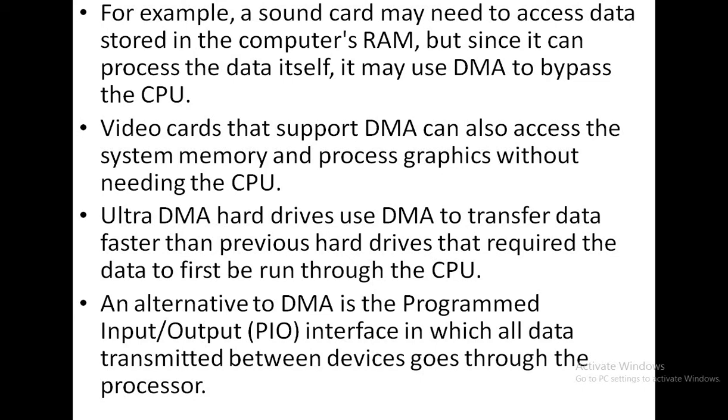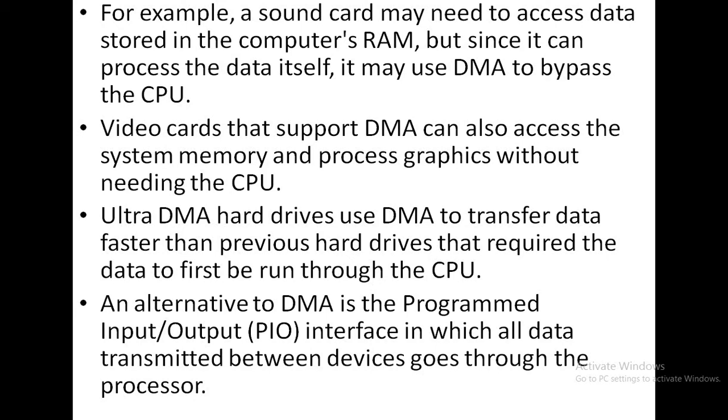Video cards that support direct memory access can also access the system memory and process graphics without needing the CPU. Ultra DMA hard drives use DMA to transfer data faster than previous hard drives that required the data to first be run through the CPU.